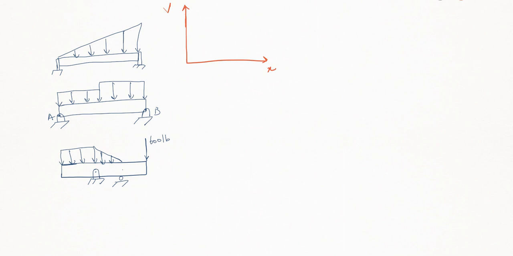So here we're gonna have a reaction. Let's call it AY and BY, sorry. Now we're gonna start at AY, and then notice this is W. Now W is negative and with an increasing value.